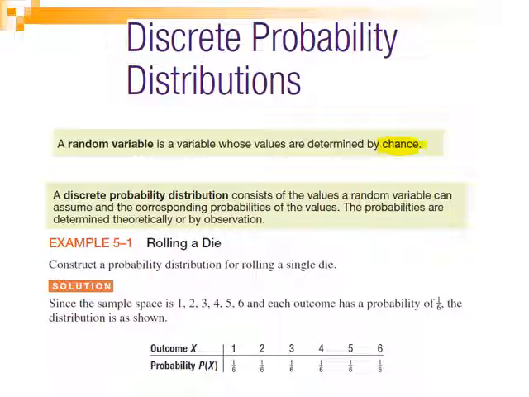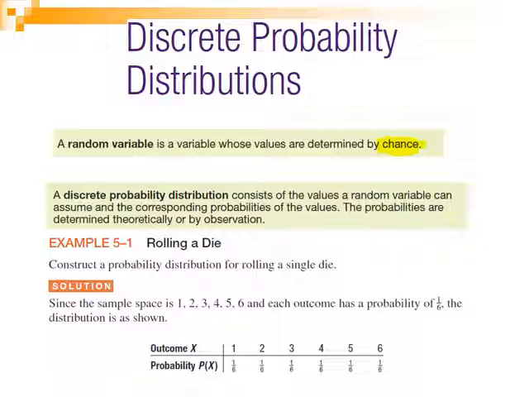Only chance controls the experiment or the trial. While tossing a coin, we don't know the outcome, whether it is head or tail. When rolling a die, we don't know the outcome, so chance only determines the values of the random variable in the experiment, so all the outcomes of this are random variables.